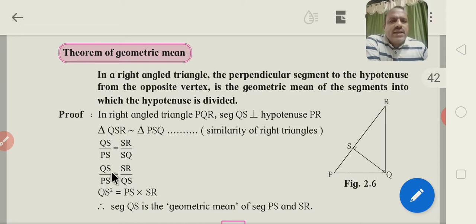Then cross multiplication gives QS into QS, which is QS square, equal to PS into SR. Hence QS square is equal to PS into SR. Here this QS is known as the geometric mean of the segments PS and SR.